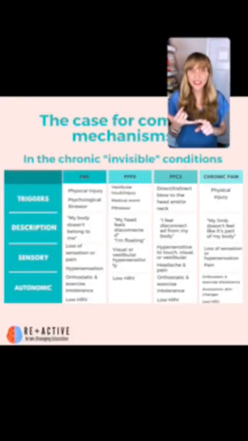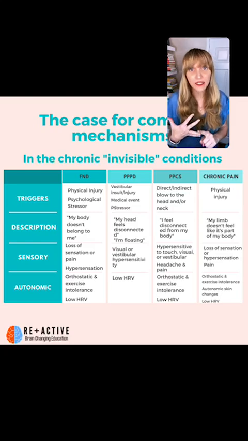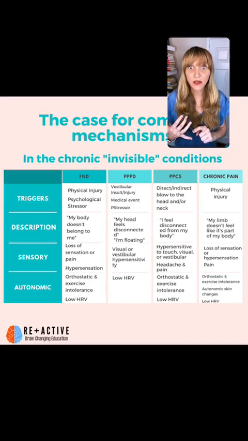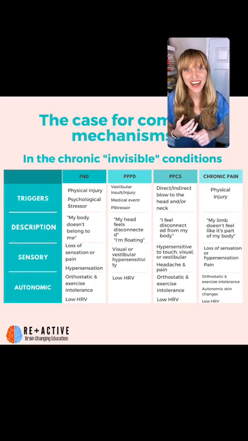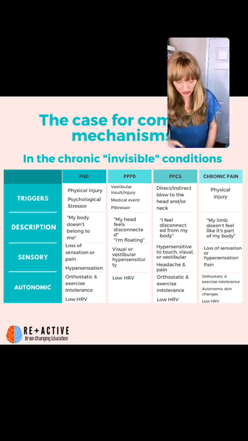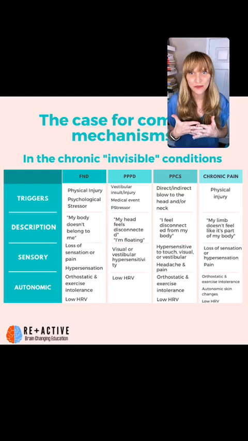And those include things like functional neurologic disorders, 3PD or persistent postural perceptual dizziness, persistent post-concussion syndrome symptoms, that's the PPCS, and chronic pain, which is a worldwide prevalent condition.